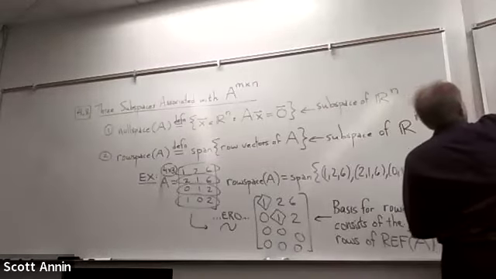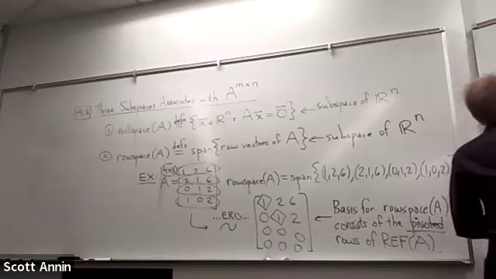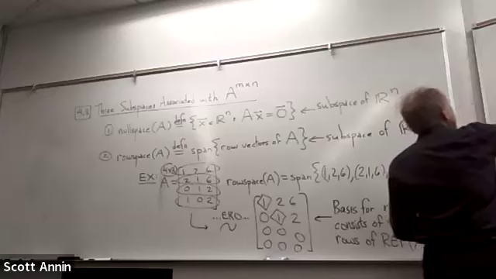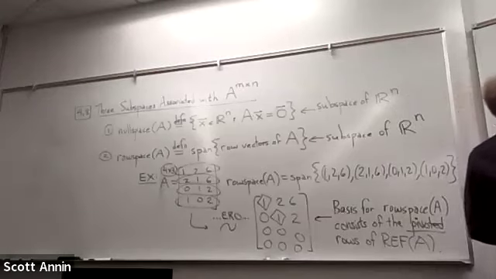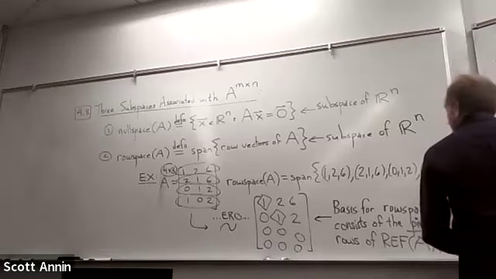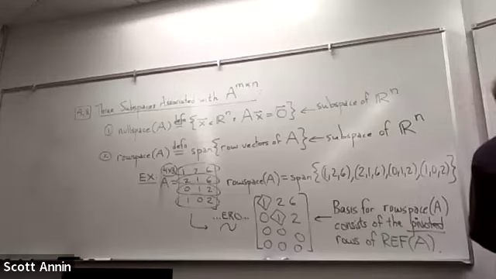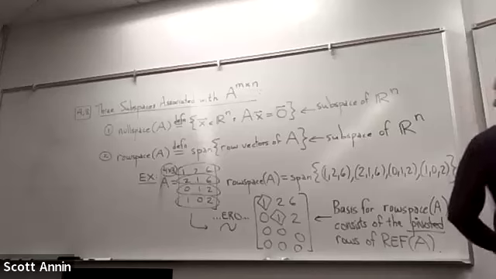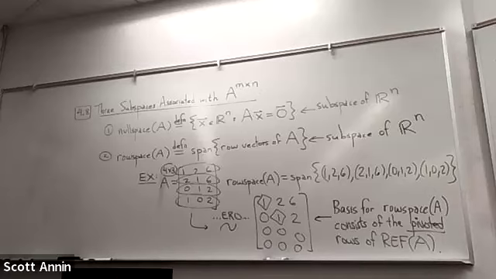So in this example, a basis for the row space of A is the vectors (1, 2, 6) and (0, 1, 2). The pivoted rows of the row echelon form. That's better.